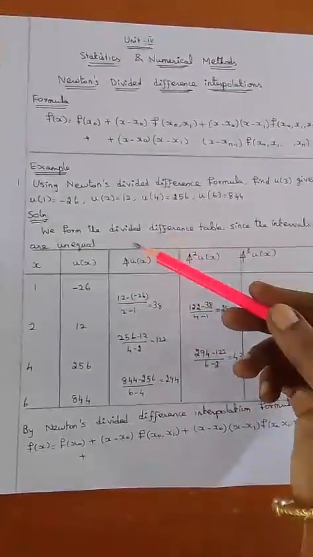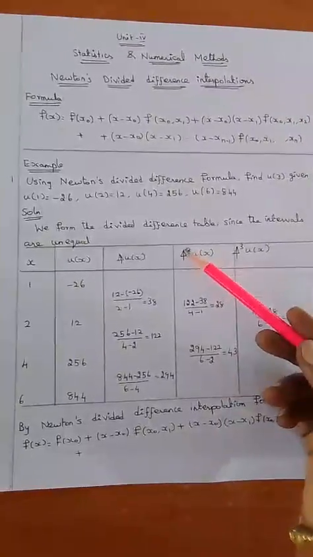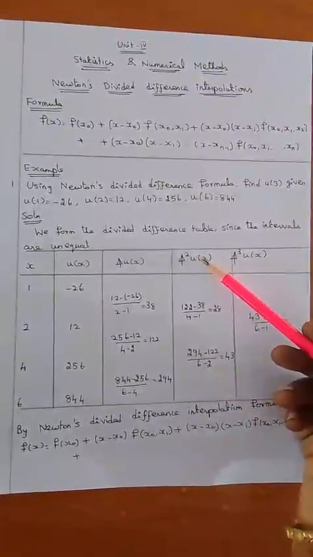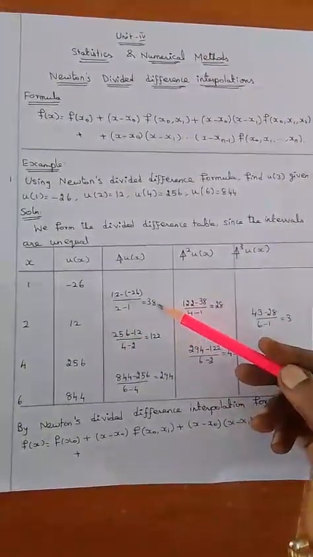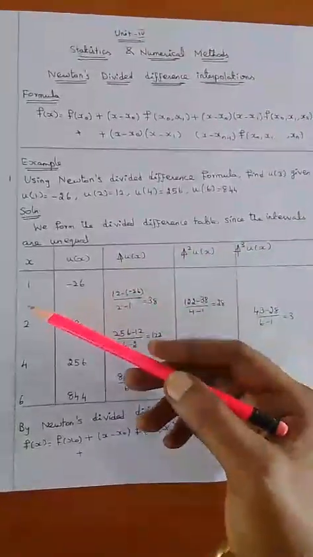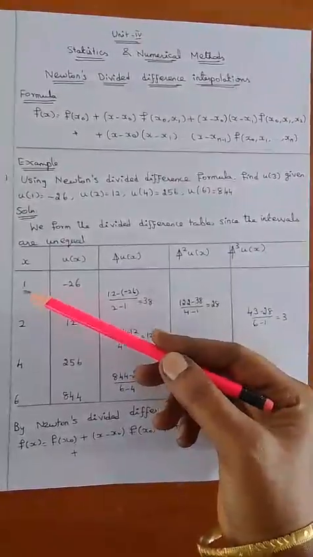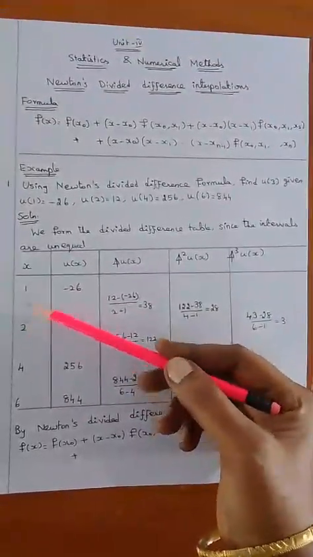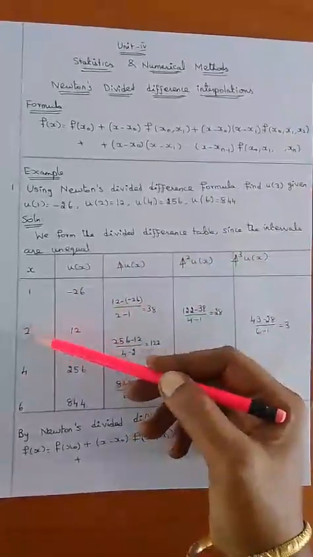So this is the divided difference value of u of x. Now the second divided difference of u of x. The numerator is as usual, 122 minus 38. If we have the square term, we have to skip one term in the denominator.